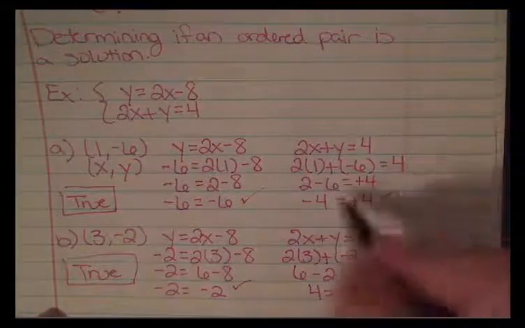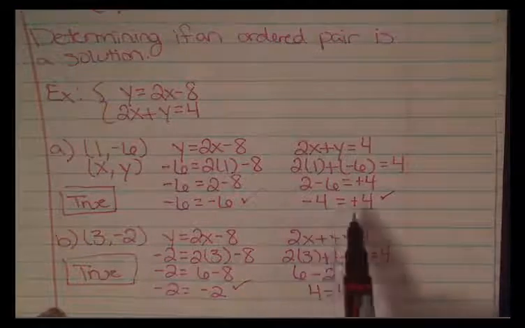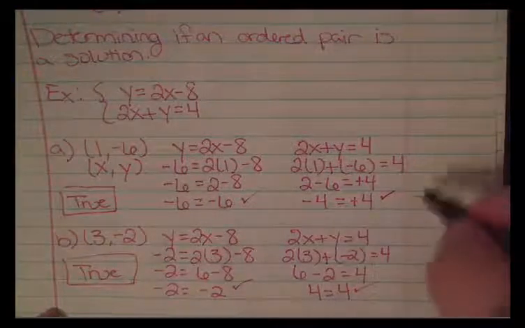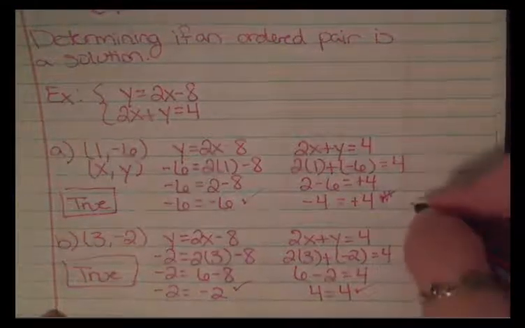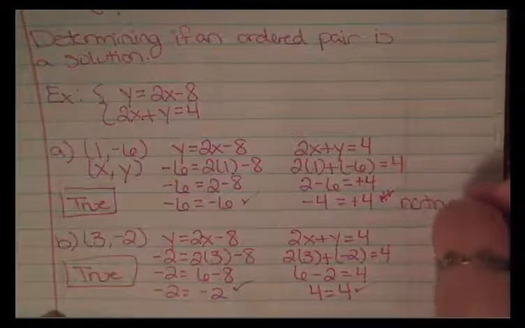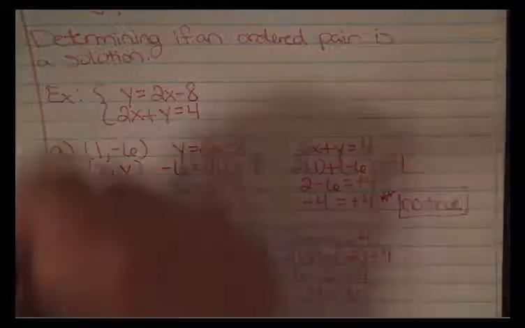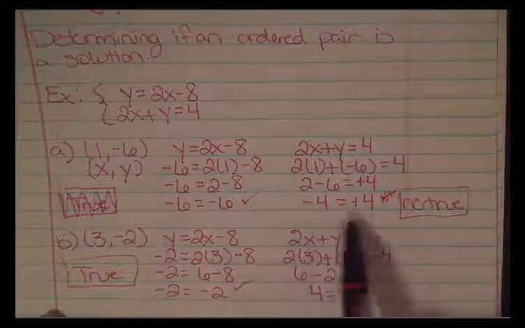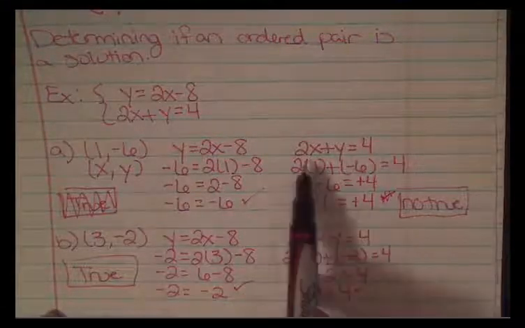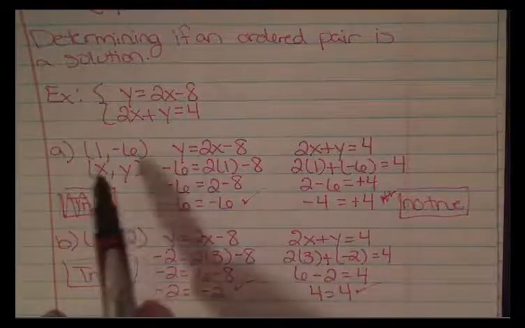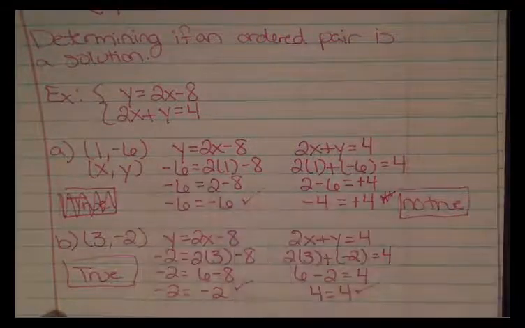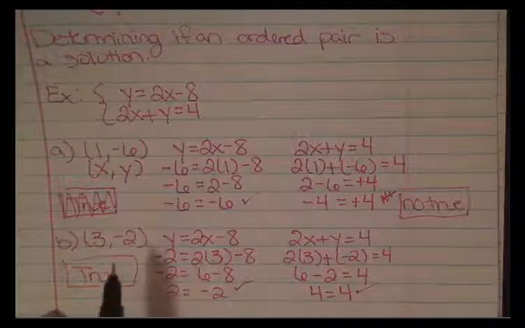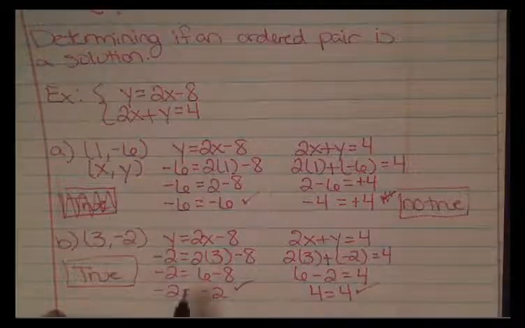So right here we have a -4 equals a +4, and so that is not true. Sorry about that. Luckily we caught it. Because -4 does not equal +4, that's not true for the second equation, so that means this solution does not work. But in our second example, that point worked for both of our equations, so that means it is a solution.